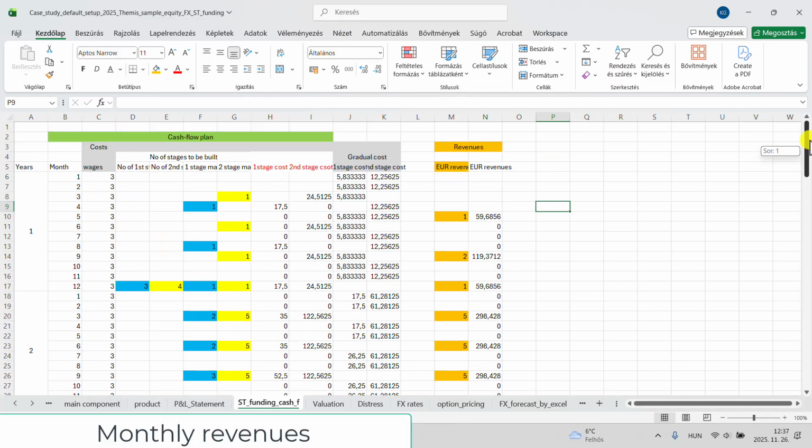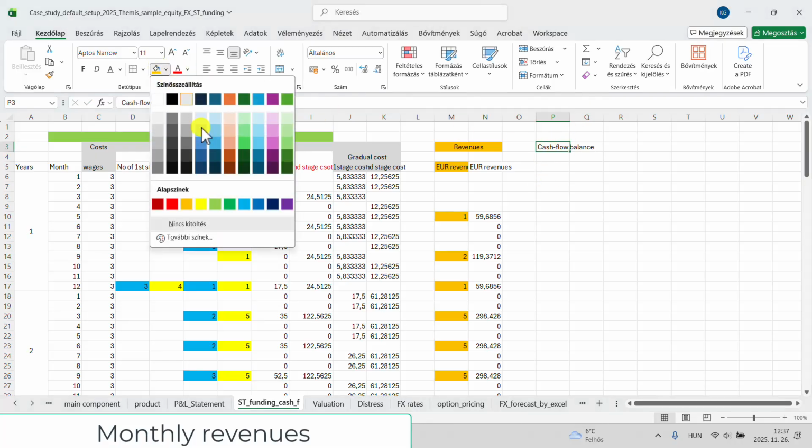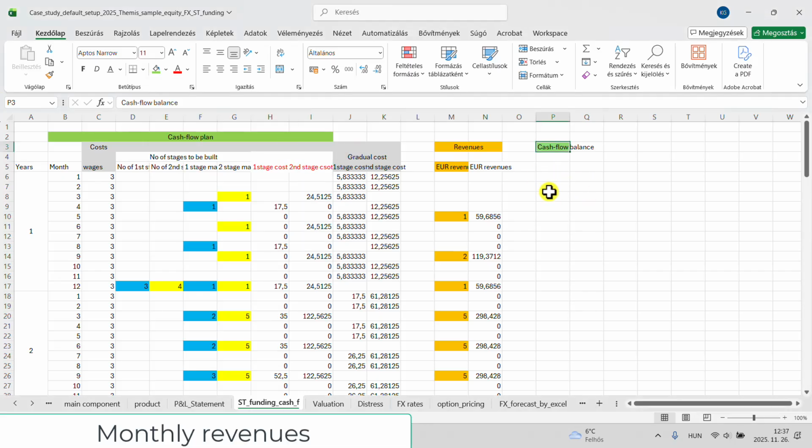And now we can start to make liquidity balances. So, cash flow balance. At first glance, what we can see here is that if we would like to balance out, obviously here we have zeros, and we have non-zeros otherwise.